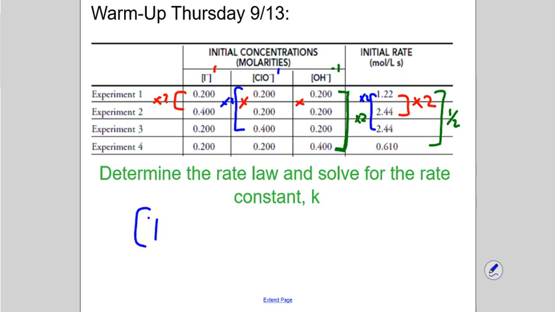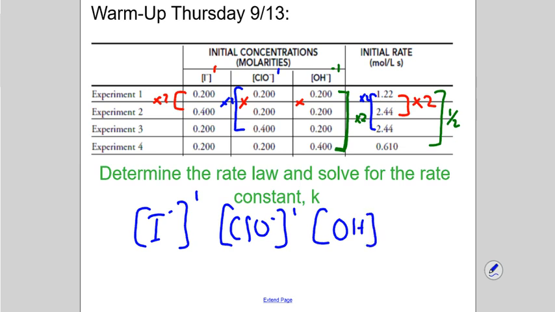So our iodide is to the first order, our hypochlorite is to the first order, and then hydroxide is to the negative first order, because when it doubles, the rate is cut in half.